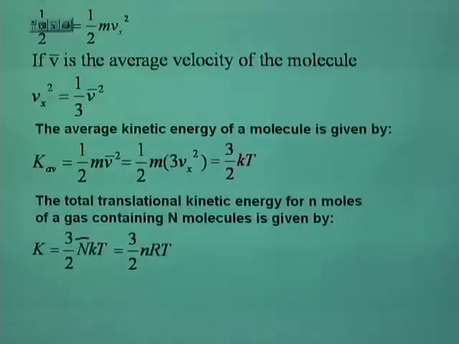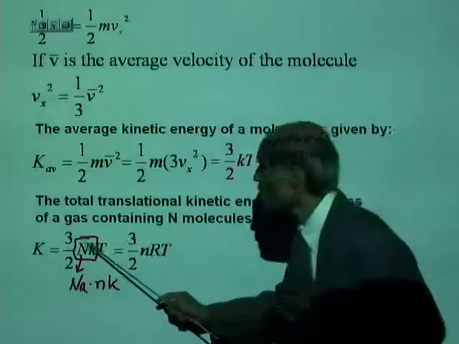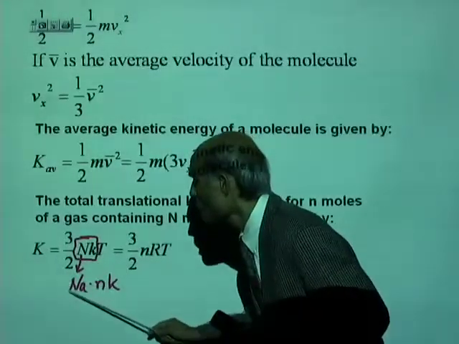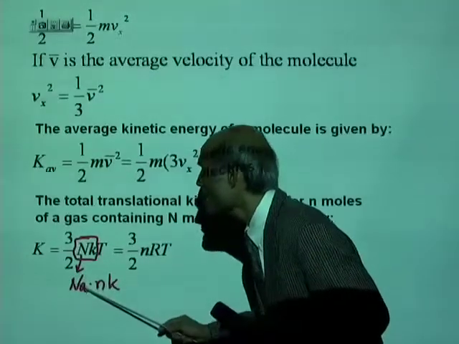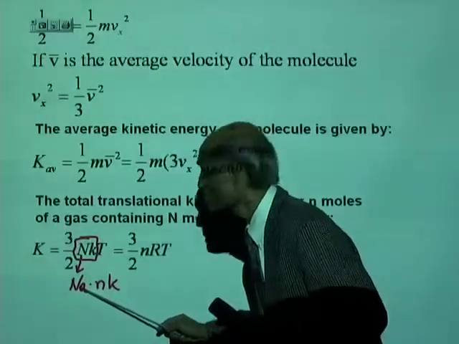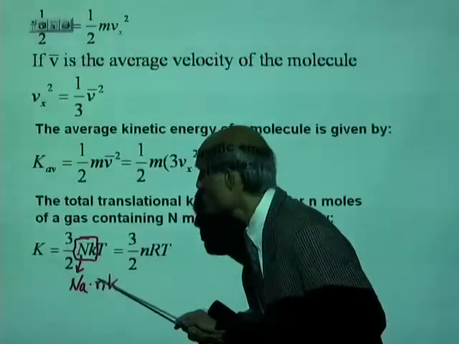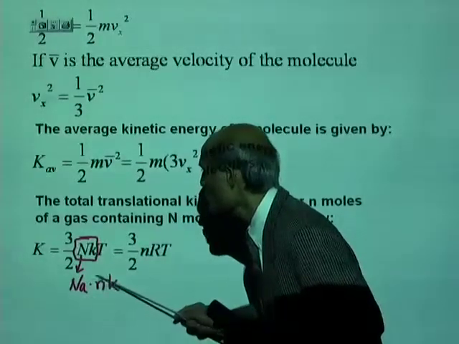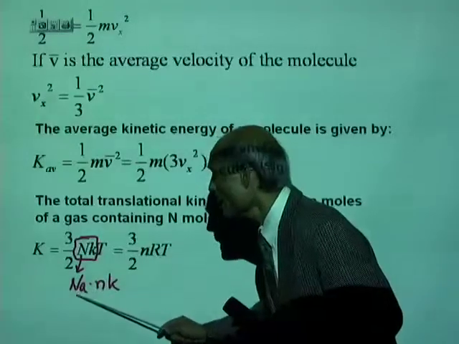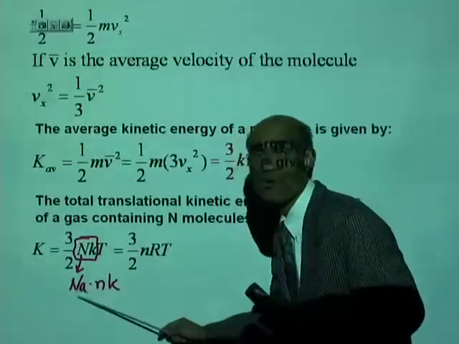Now, take this N times k. The total number of molecules can be written as Na times n, and that is multiplied by k. The total number of molecules is the number of molecules per mole, that is Na, Avogadro's number, multiplied by the number of moles. This will be your N. And you know, Na times k, what do you call that?